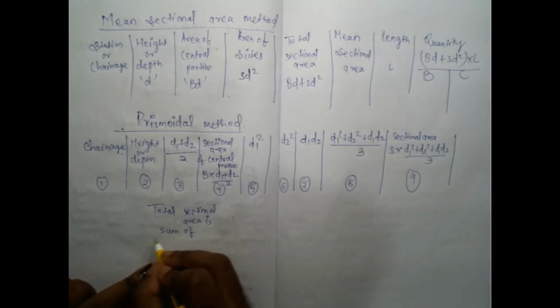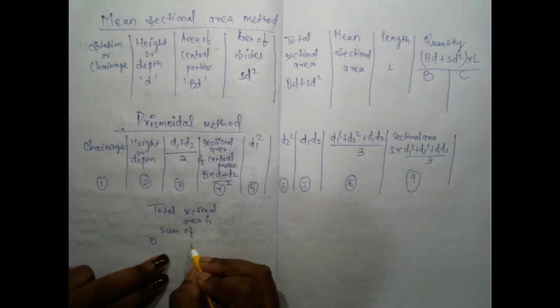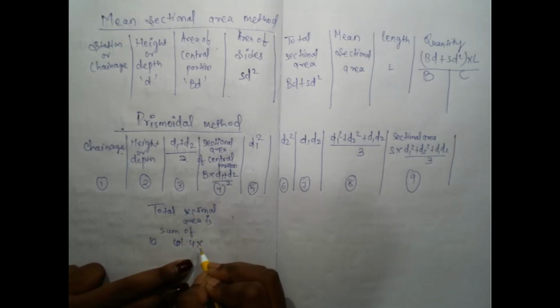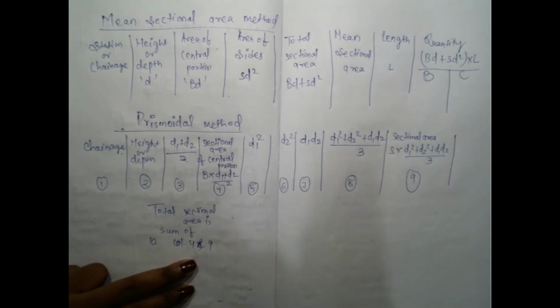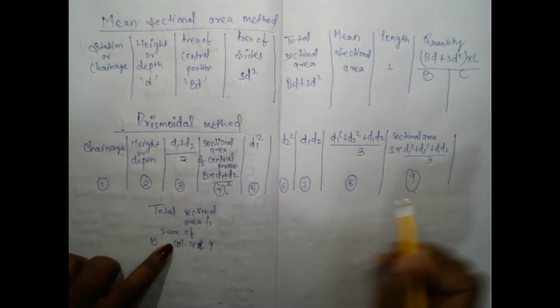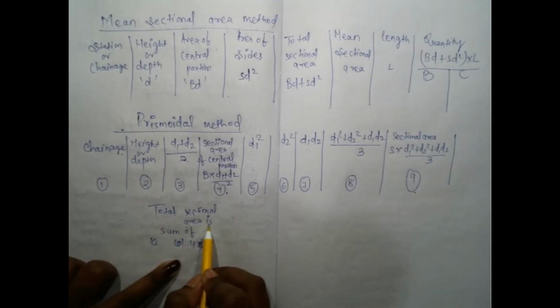So column 10 is the sum of column 4 and 9. So column 4 plus column 9 is the total sectional area. Okay.